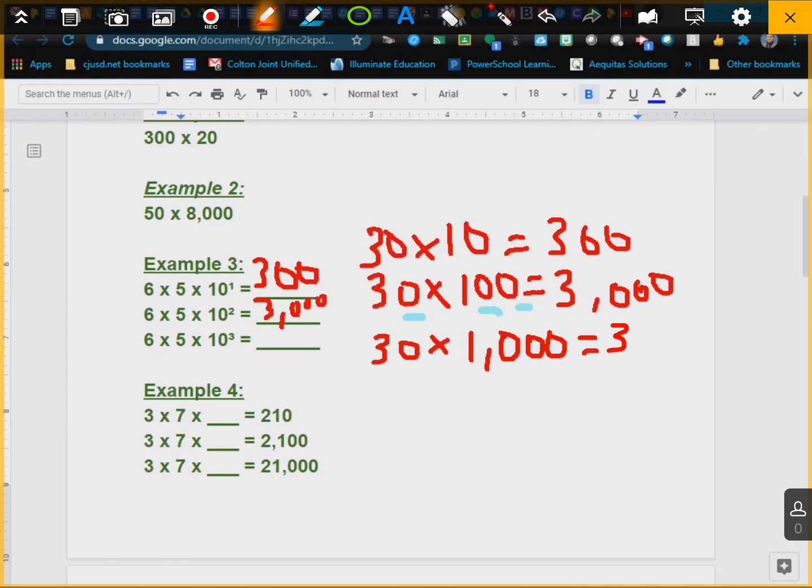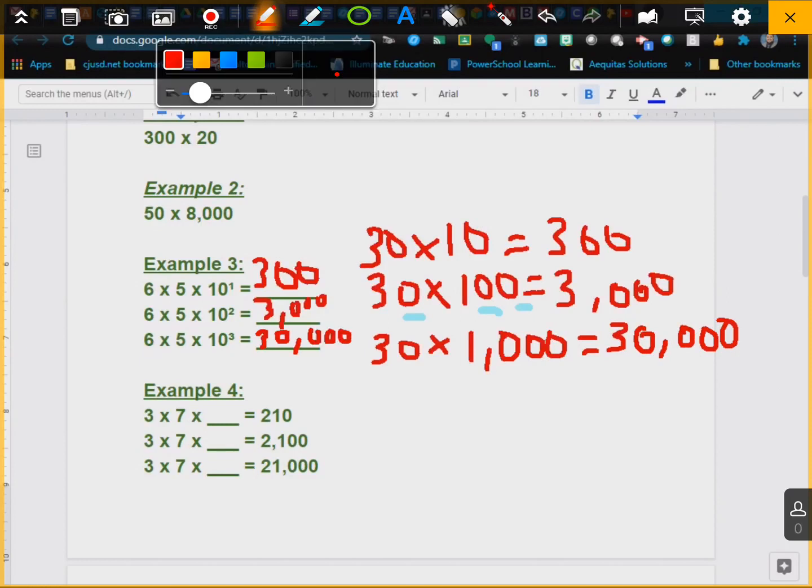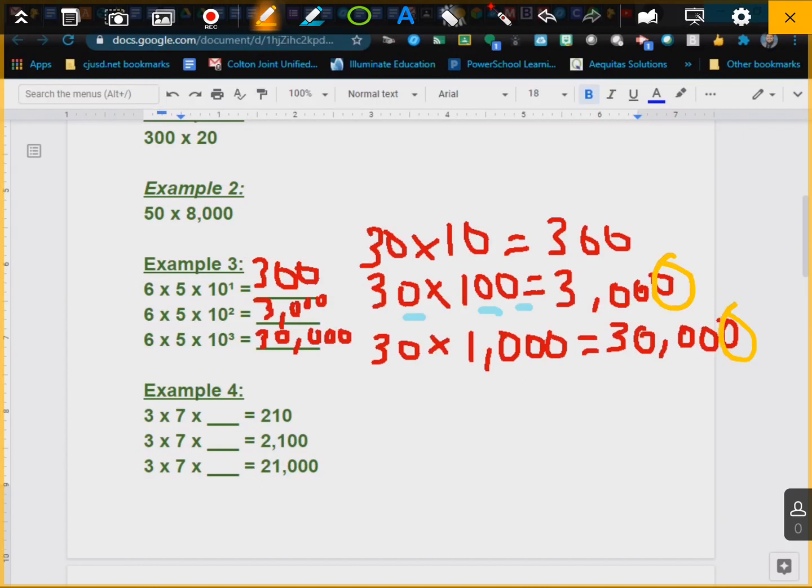Your answer is going to be, well, 3 times 1 is 3, and you have 4 zeros, so it's going to be 30,000. Now you might have noticed, all that happens is that it increases by 0 every time. So as the exponents increase, right, the zeros increase.